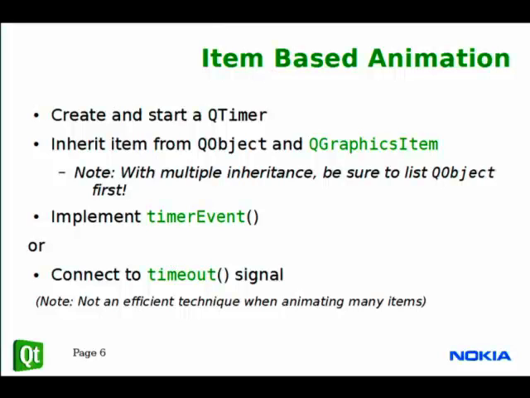Then we inherit from QObject as well as QGraphicsItem. Why do we need both? Well, the graphics item, as I said before, is not a QWidget. It does not have signals or slots. But we need that here because we need to connect the timeout signal of a timer to one of our own methods.